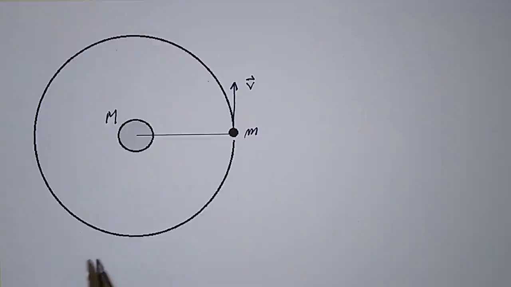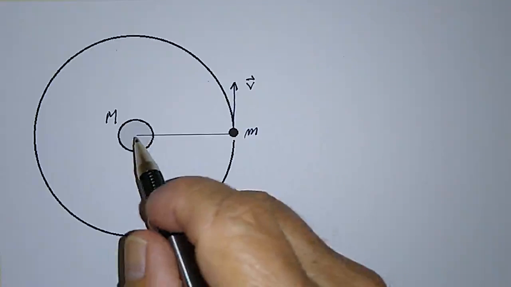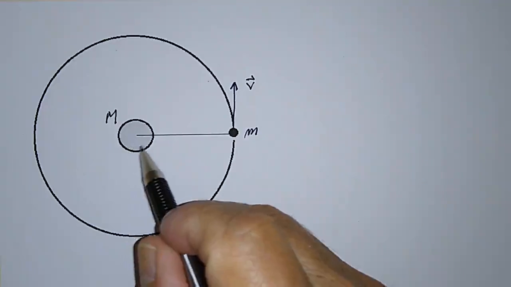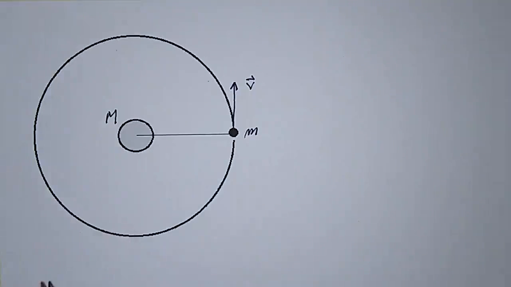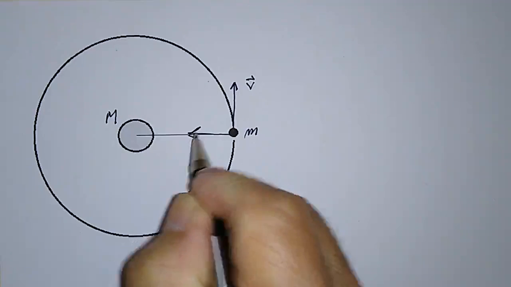So the first thing we want to do is analyze the effect of the gravitational force exerted by this larger mass M on the smaller mass m. That force is always radially inward, like this.